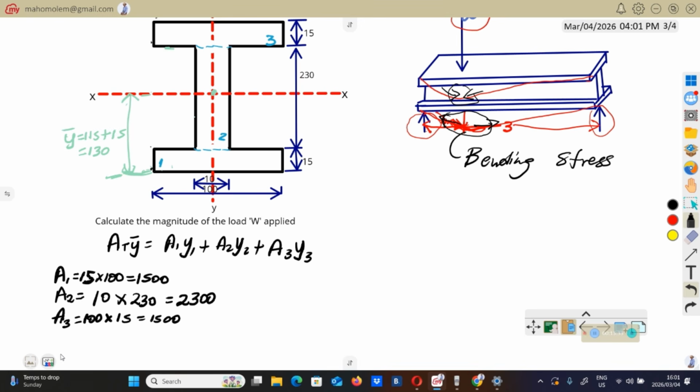So area total will be area 1 plus area 2 plus area 3, which is 1,500 plus 2,300 plus 1,500. This is 3,000. This is 5,300.